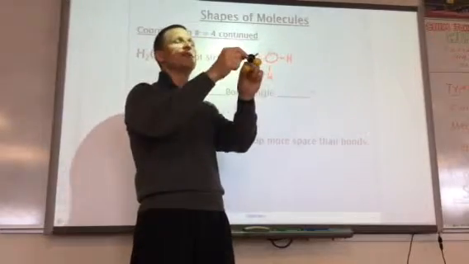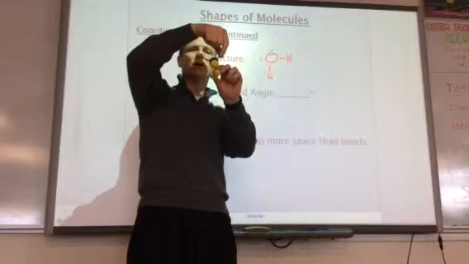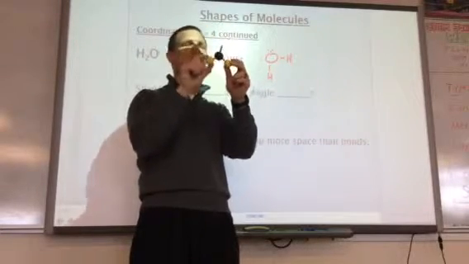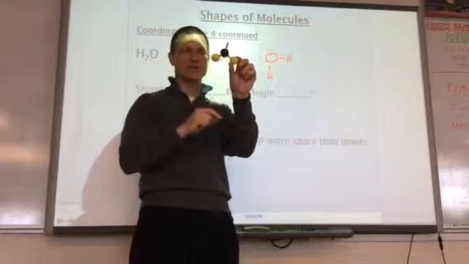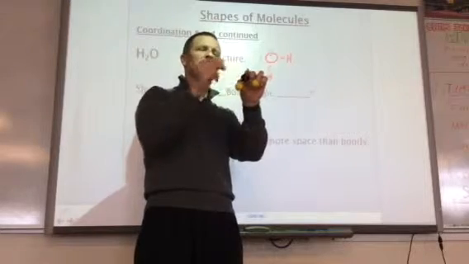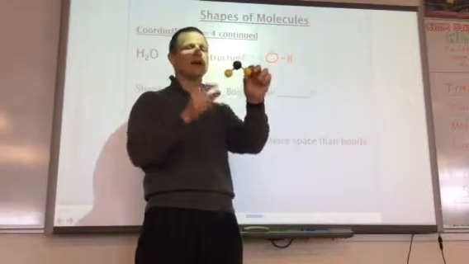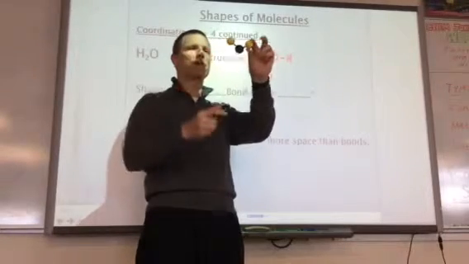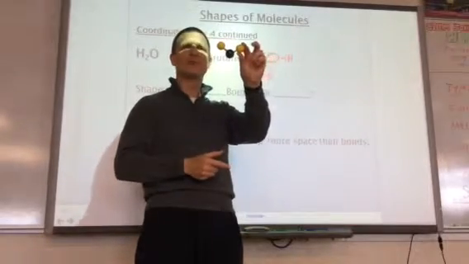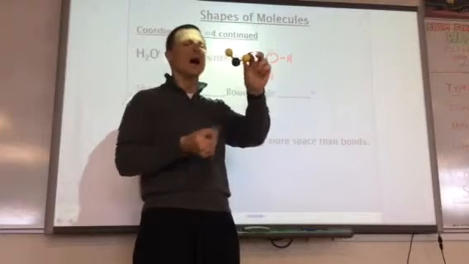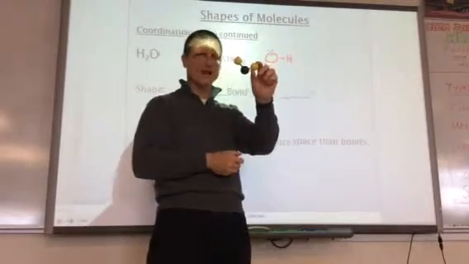You got the oxygen in the middle with a lone pair here, a lone pair here, and so it's got 2 orbitals that have bonds to hydrogens. So the shape of the molecule, if I just go ahead and remove those, we have to remember they're there, but if I take them out, we're left with the shape of the molecule. If I turn it up like that, it's bent again. Because of those lone pairs, the water is not linear.